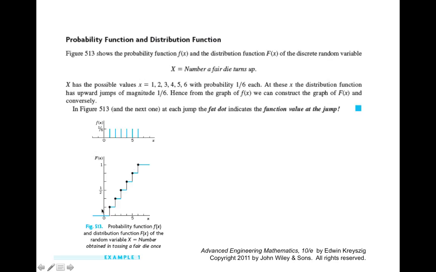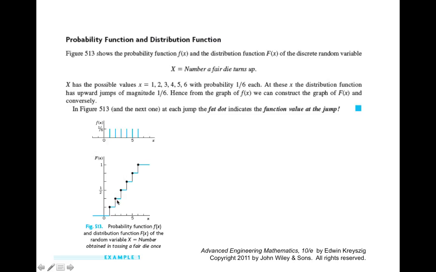If we now plot the distribution function F of x, as we cross over each potential value, it's jumping up. So when we get to 1, we jump up to the probability of rolling a 1, which is 1/6.